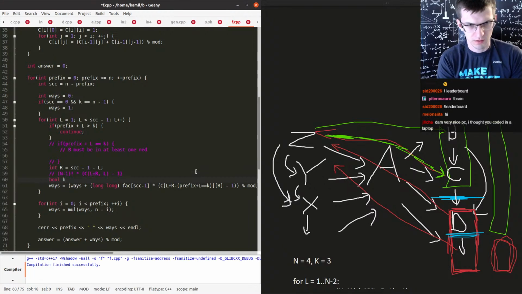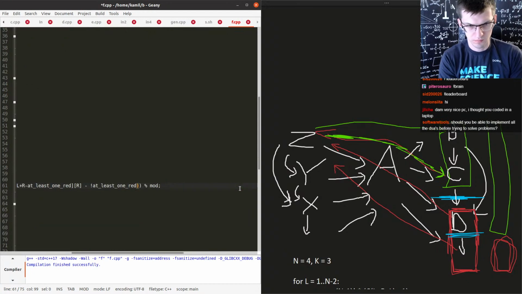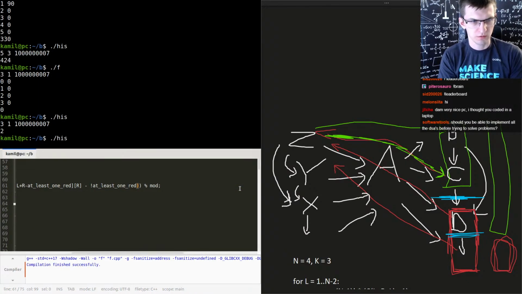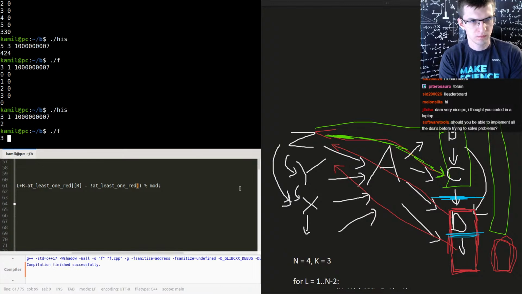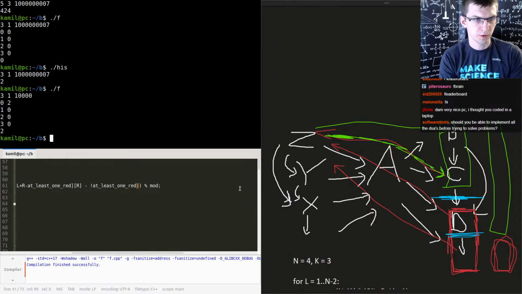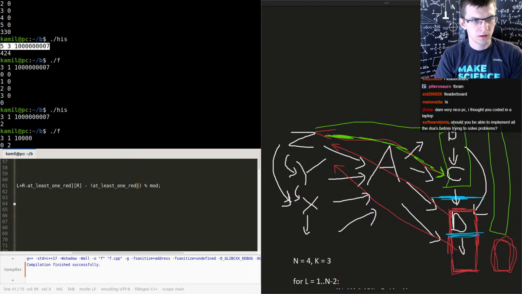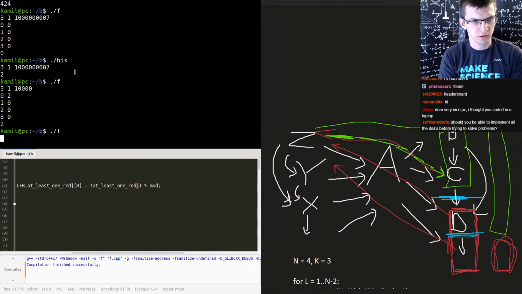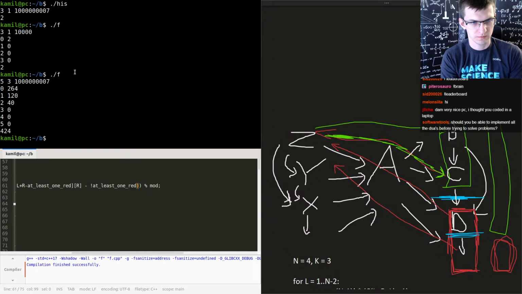Maybe be at least one red. Will it work now? Worked here. Okay, 4 to 4, 4 to 4, 4 to 4.